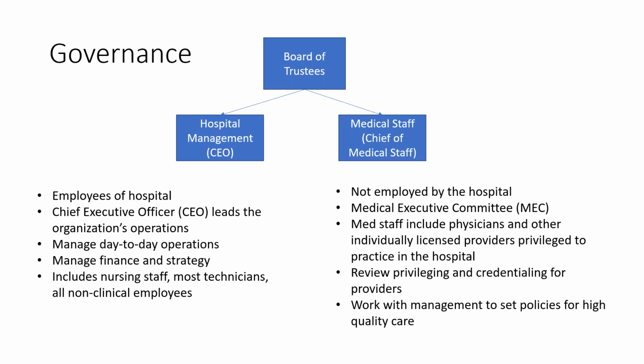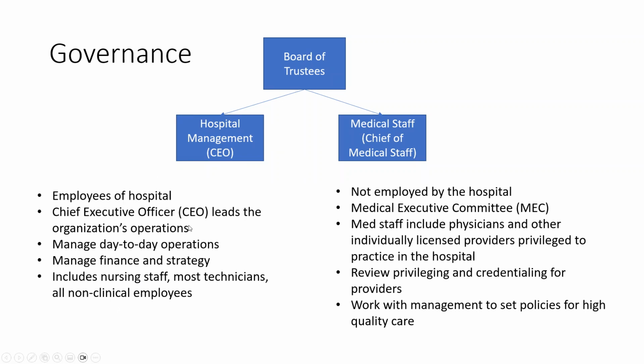And the number one most important thing that the board of trustees does is hire professional management, and it hires the CEO, right? And then the CEO hires everybody else that runs the hospital. So the CEO, the chief executive officer, oversees the execution of the hospital's strategy. He hires and fires all of the other employees.